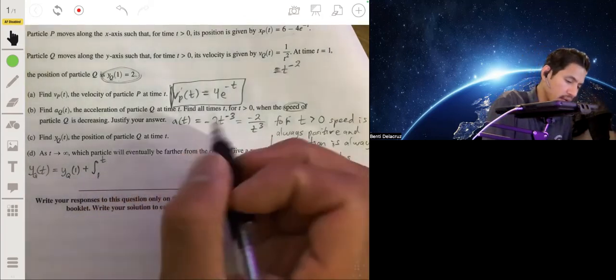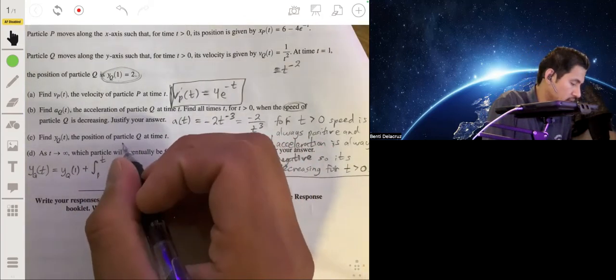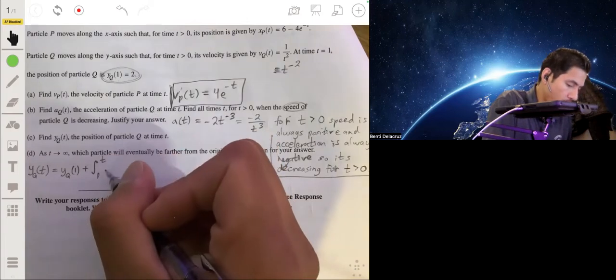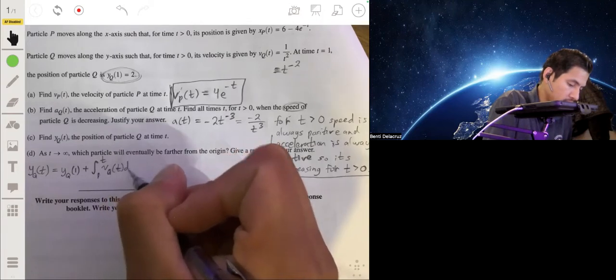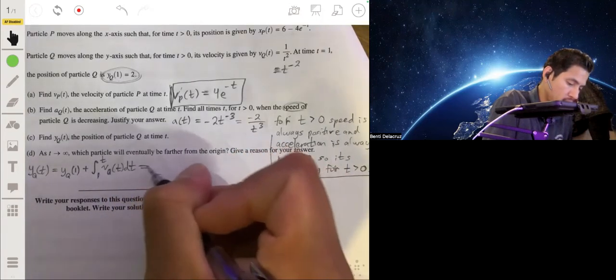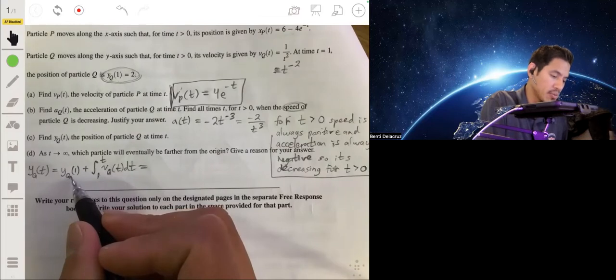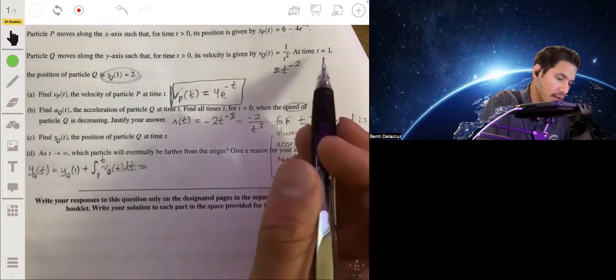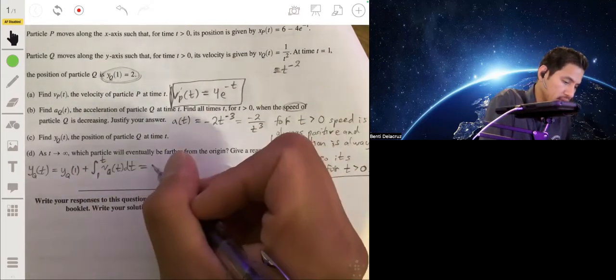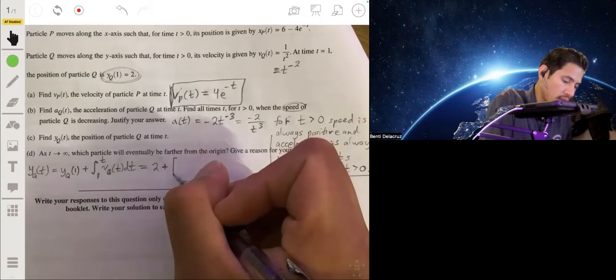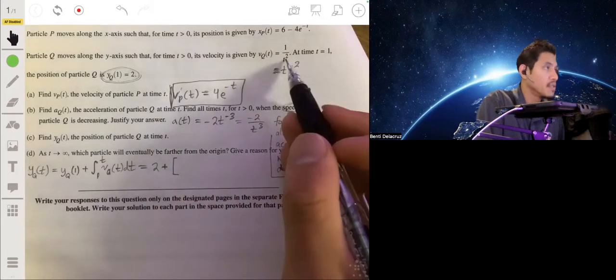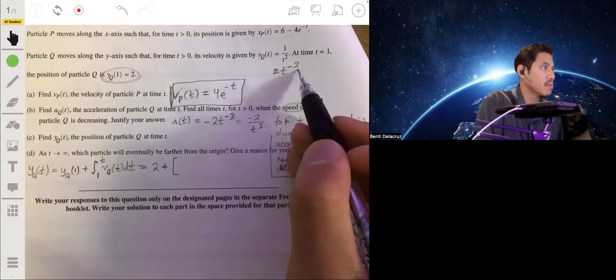So we just go ahead and integrate this. We don't have to write it out because we already have it here. So at time t equals 1, we're told that it's at 2 plus the integral of the velocity, which is, remember, t to the negative 2.